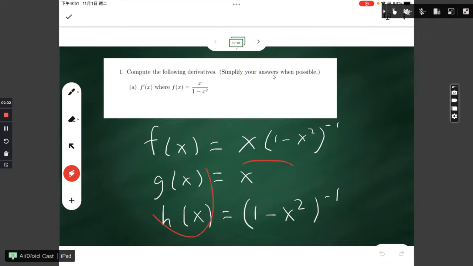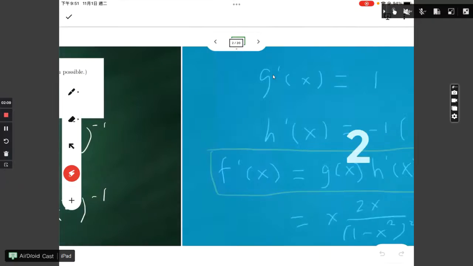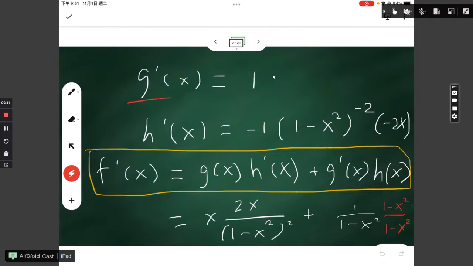We already know the function g, function h. All we need to do is calculate the first derivative of g and then the first derivative of h. Now, g of x is x and the derivative of x is 1.